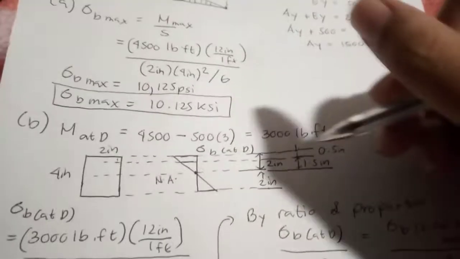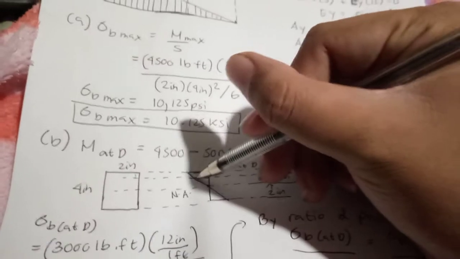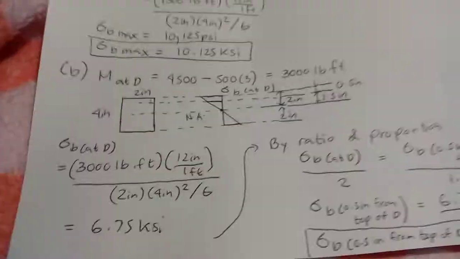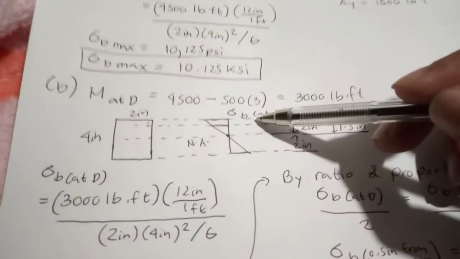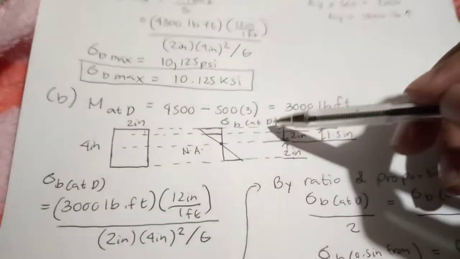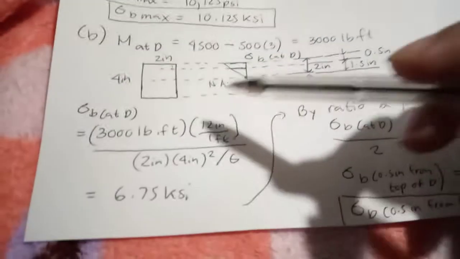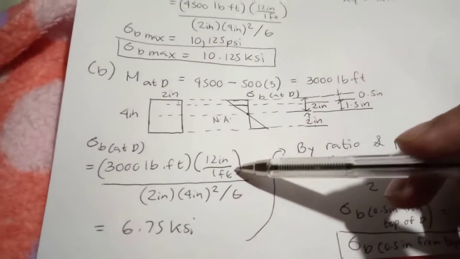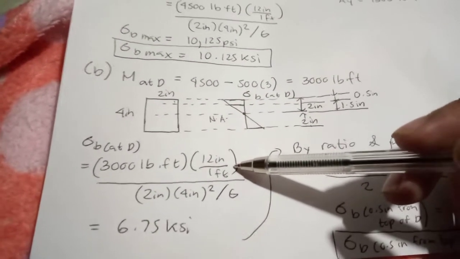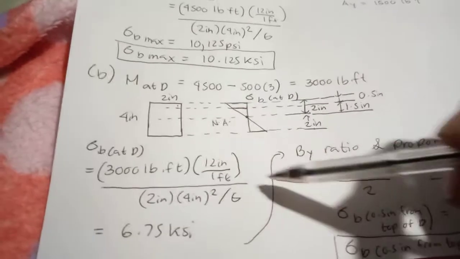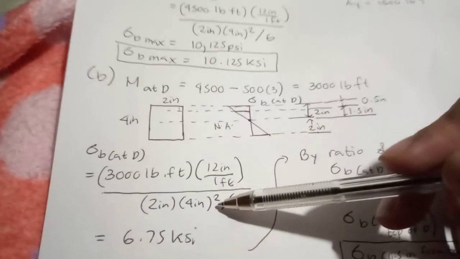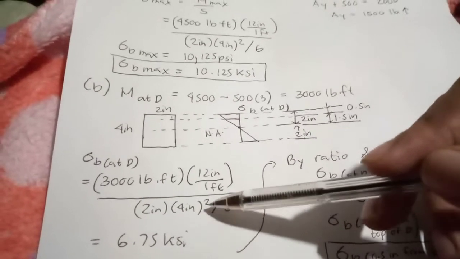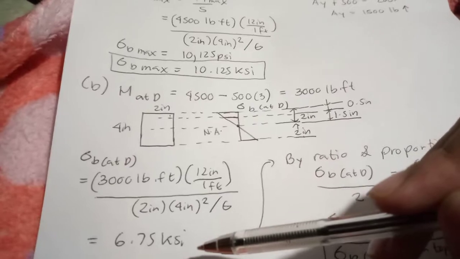We need to find the stress at that point. First, we need to compute the bending stress at the top of D. We got 3,000 pound-foot. You convert it into pound-inch by multiplying 12 inch over 1 foot, divided by the section modulus, which is BH squared over 6, or 2 inch times 4 inch squared over 6. So we got 6.75 ksi.